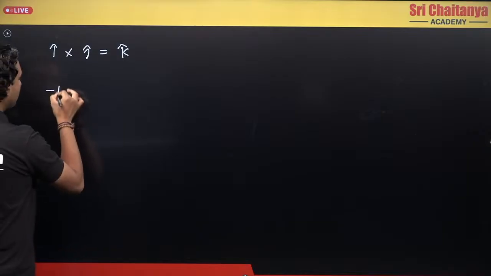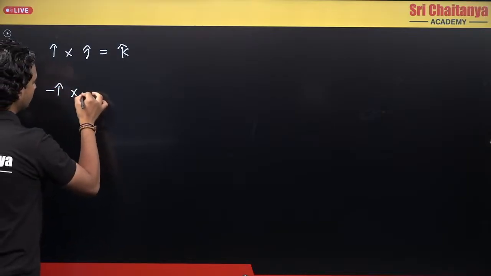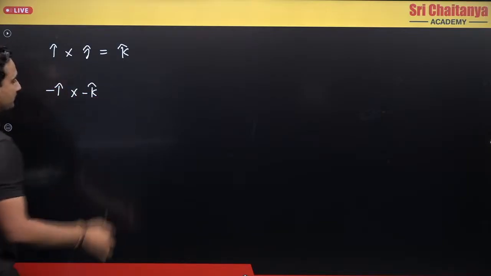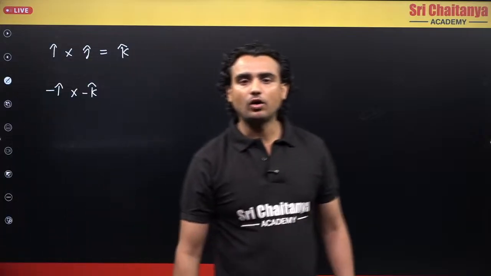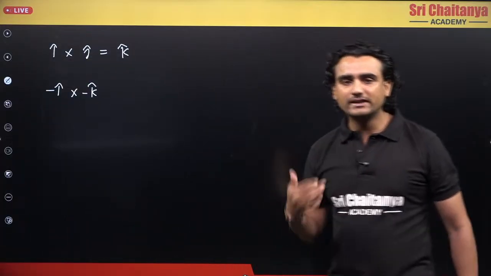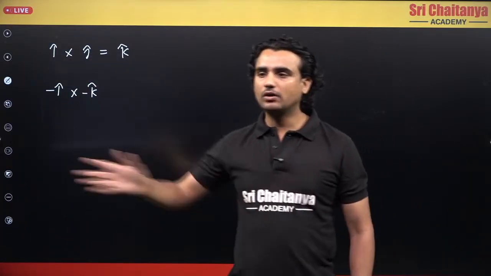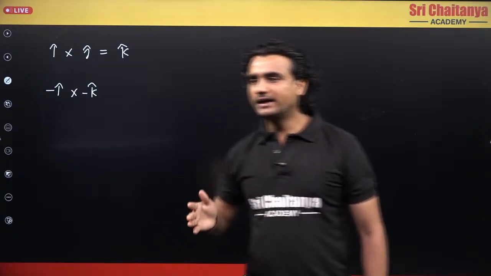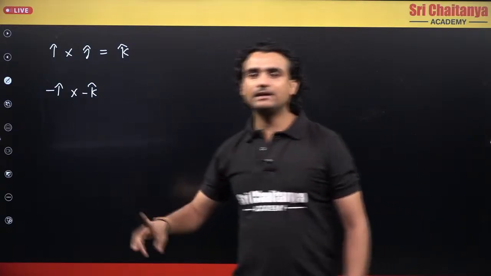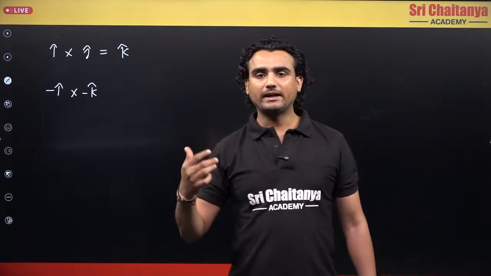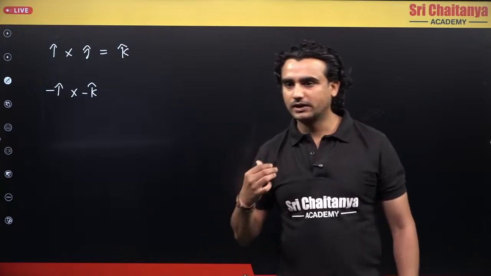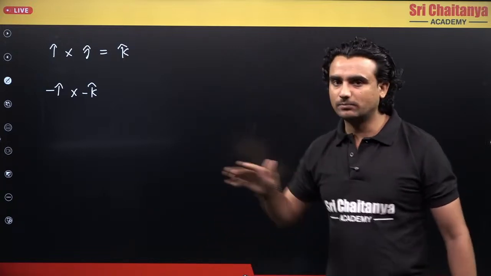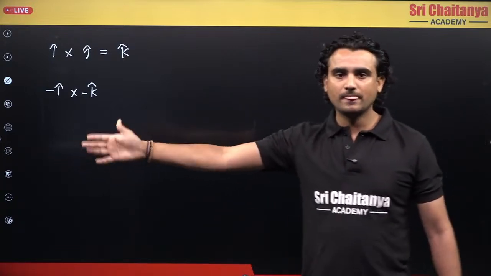Now let's do one more exercise. If I say minus I cross minus k, so where is minus I? Minus I will be along the negative x, correct? And where is minus k? Minus k is negative z, right? So first of all minus I is in this direction, and then k.